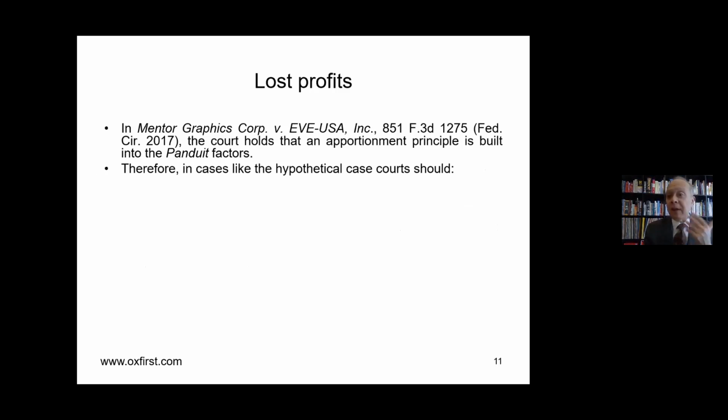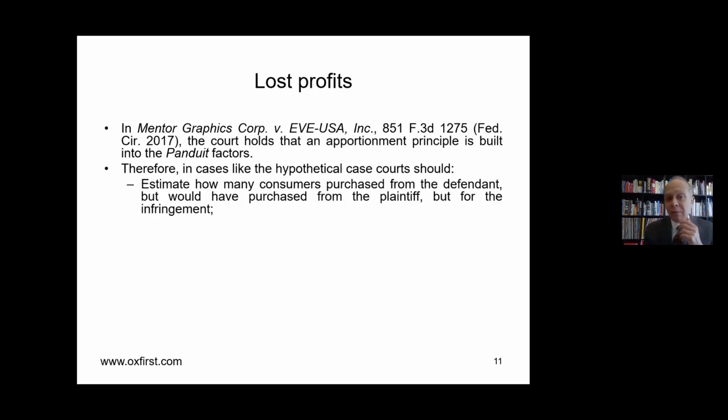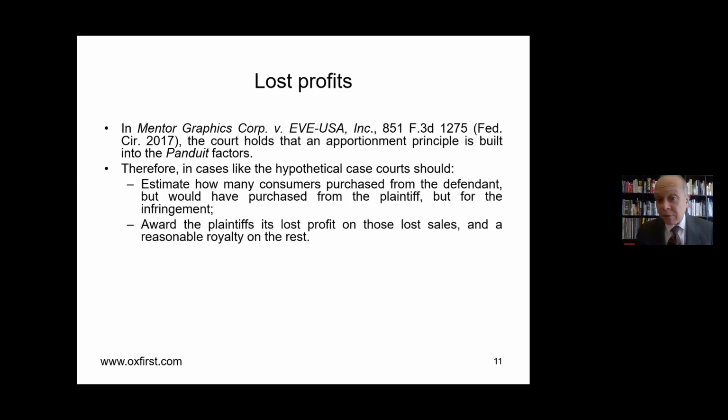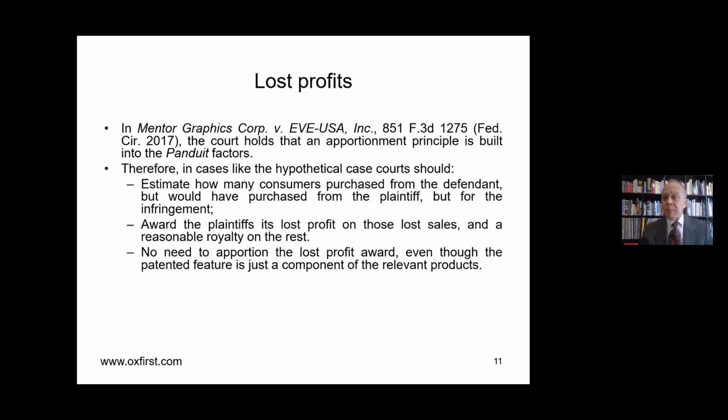So in a case like this hypothetical, which reflects the facts of Mentor Graphics, the court should estimate how many consumers purchased from the defendant, but would have purchased from the plaintiff but for the infringement, and then award the plaintiff its lost profit on those lost sales and a reasonable royalty on the rest. So there really is no need to apportion the lost profit award, even though the patented feature is just a component of the relevant end products.